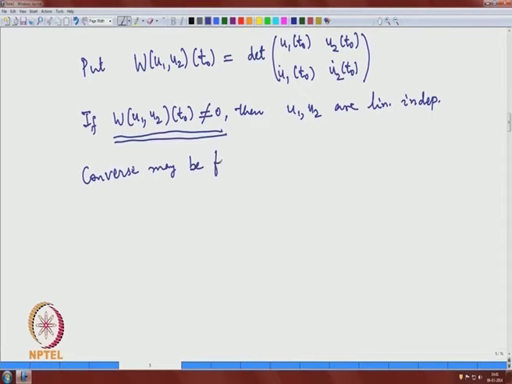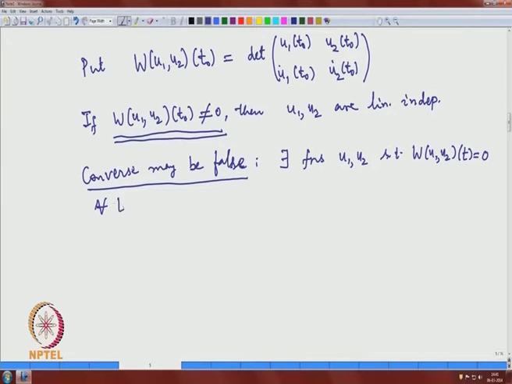May be false, meaning there exist functions U1, U2 such that W(U1, U2)(t) is 0 for all t in the interval, whichever interval we are considering, but U1, U2 are linearly independent.